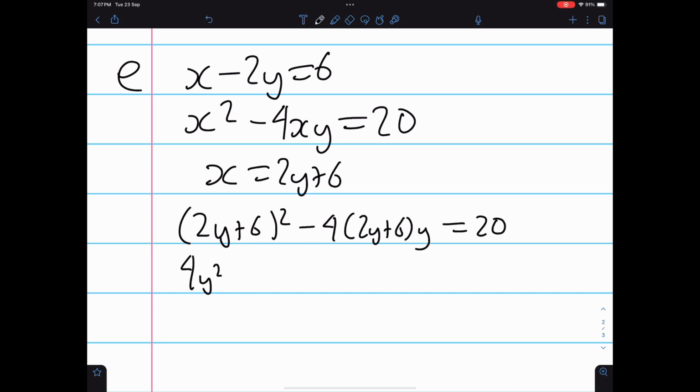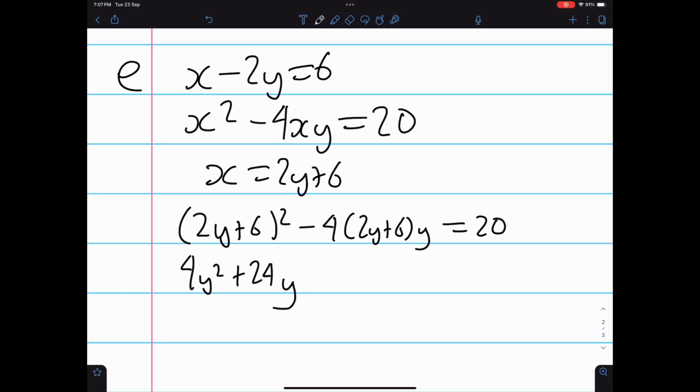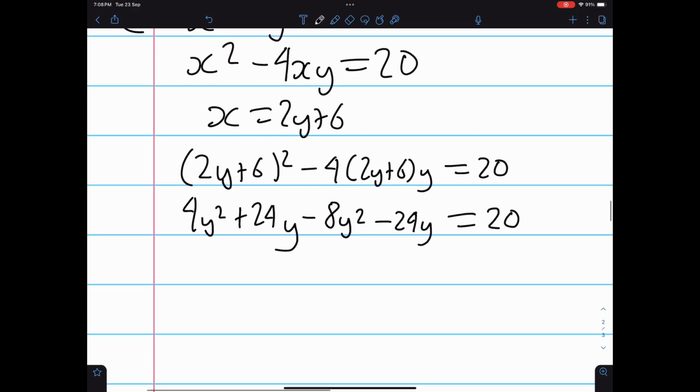Get 4y squared plus 2 times 12y, so that's 24y, minus 8y squared minus 24y. Hope that's right. Yeah, looks okay to me. So we get minus 4y squared on this side. Those will cancel out, leaving us with 20.